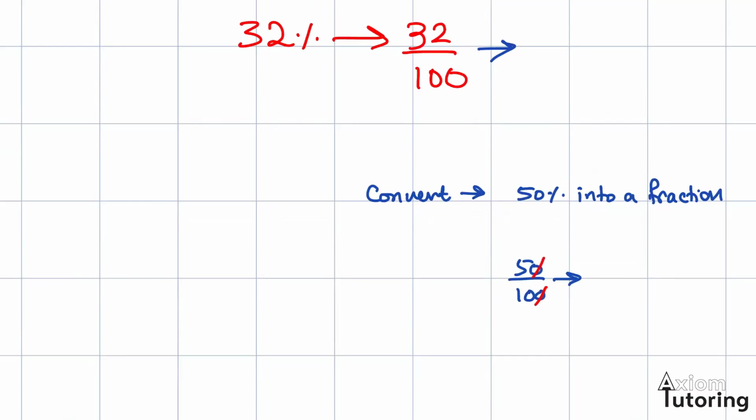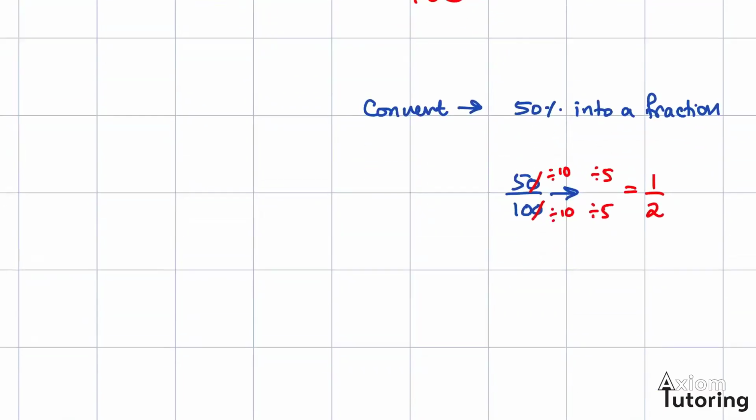That's the same as dividing the top and the bottom by 10. And then divide the top and the bottom by 5. And you get 1 over 2. And you should always do this unless told otherwise. It's good practice, and 1 over 2 makes a lot more intuitive sense than 50 over 100.